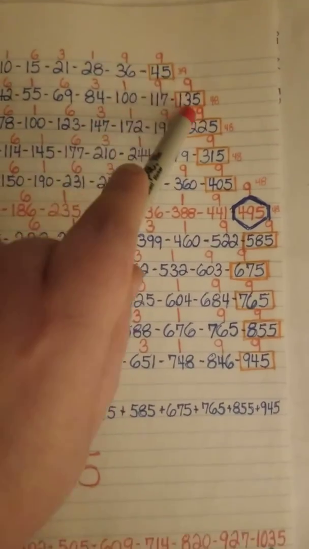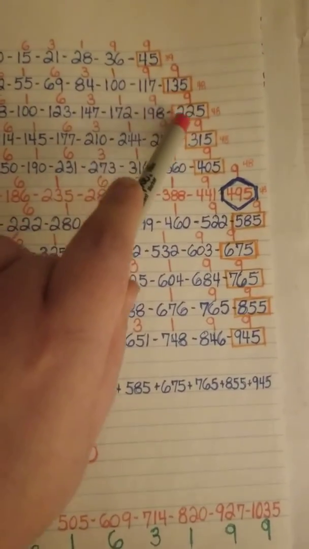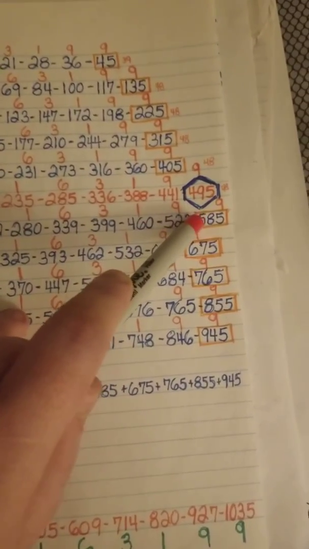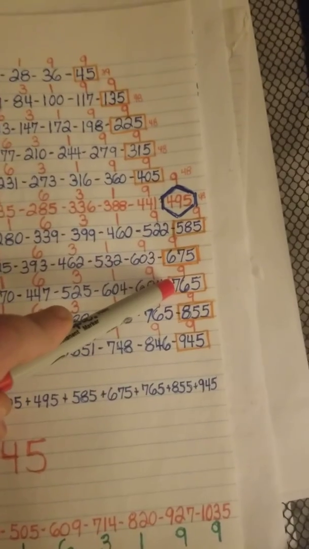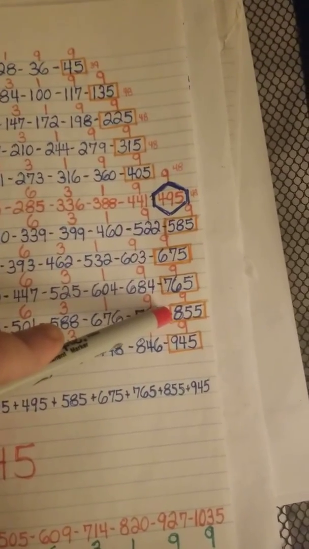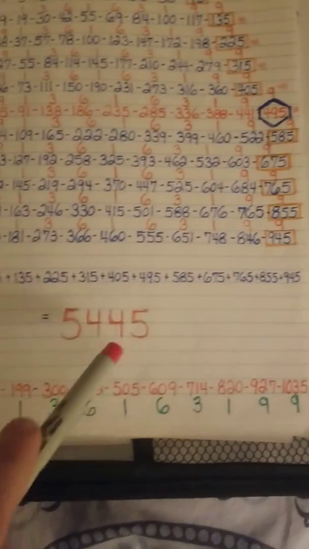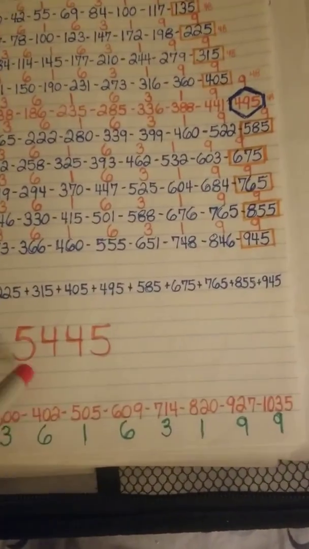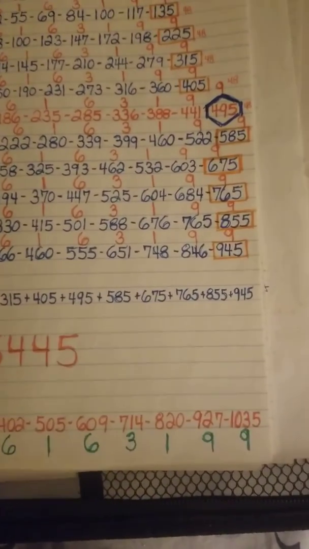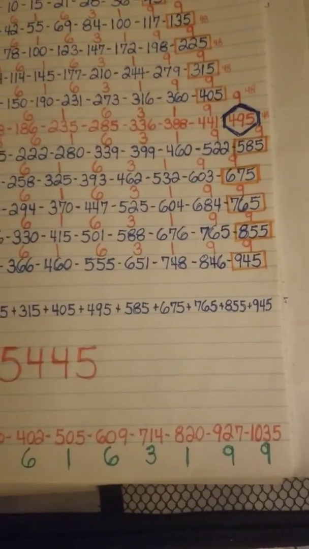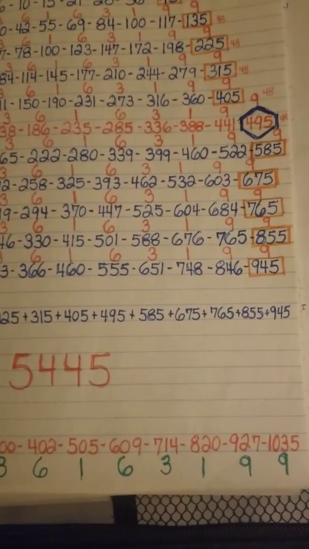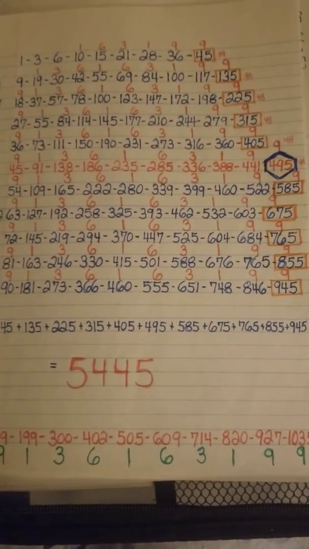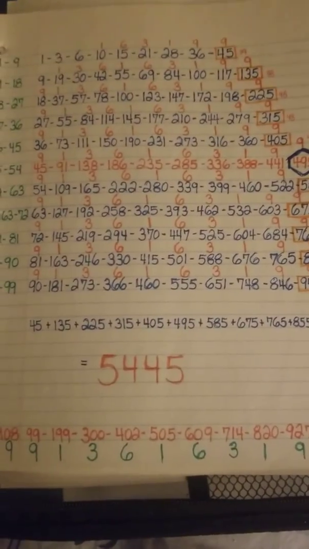Now, when you add all these together, so 45 plus 135 plus 225 plus 315 plus 405 plus 495 plus 585 plus 675 plus 765 plus 855 plus 945, you get 5,445. That's a very key number because it is the total of the 99 times multiplication table with its mirror numbers. So I'll show you what that looks like in just a second here.